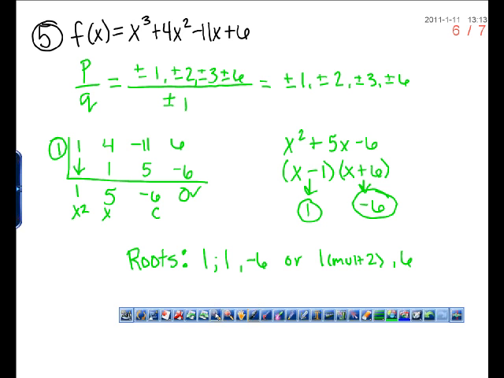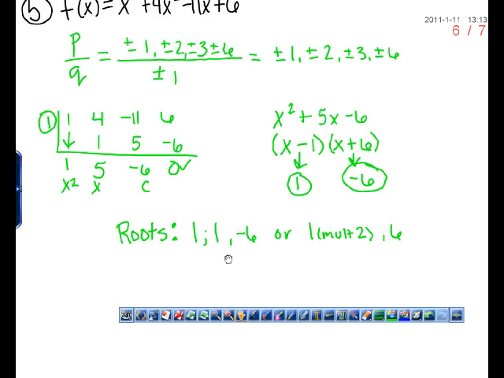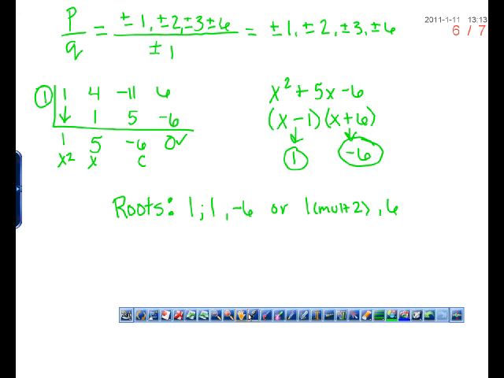What does this look like in factored form? Leah? Yes, that would be good. How would I write this cubic in factored form?